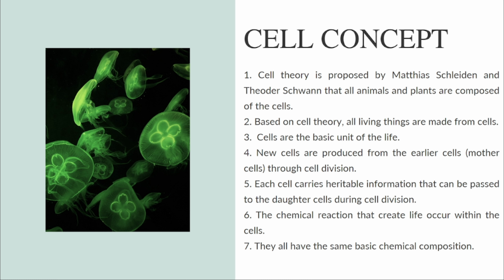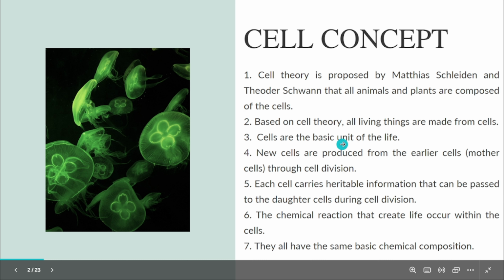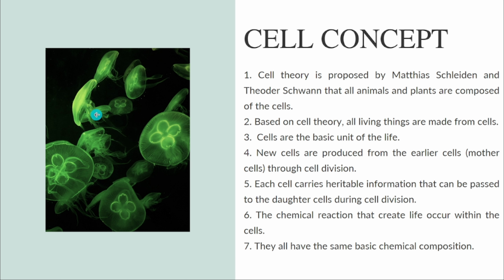Nucleic acids, DNA and RNA, are all made up of basic chemical compositions. You know that DNA is made up of pentose sugar and phosphate. If all these things are present, then we consider it a cell.